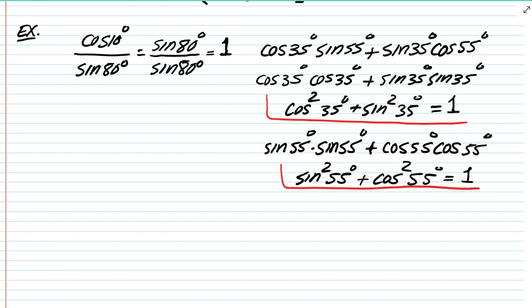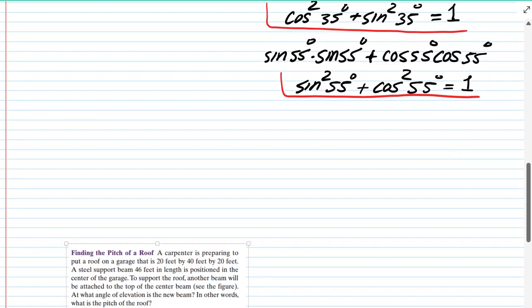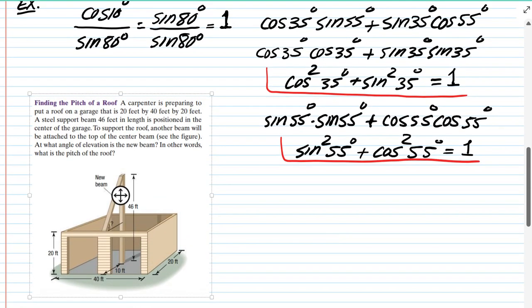All right. Now let's take a look at some interesting application problems. I'm going to bring this one first. This is my first real life application. We're given this drawing and the dimensions are all given. See what the question is asking.